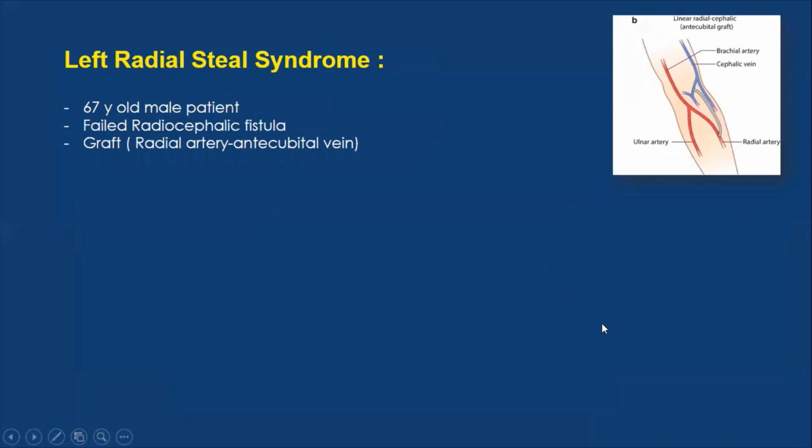We have a patient of brachial steal syndrome. This happens in patients having a brachiocephalic fistula. This is a 67-year-old male patient. He had a failed brachiocephalic fistula, and then they created a graft from the brachial artery to the antecubital vein, as we can see here.